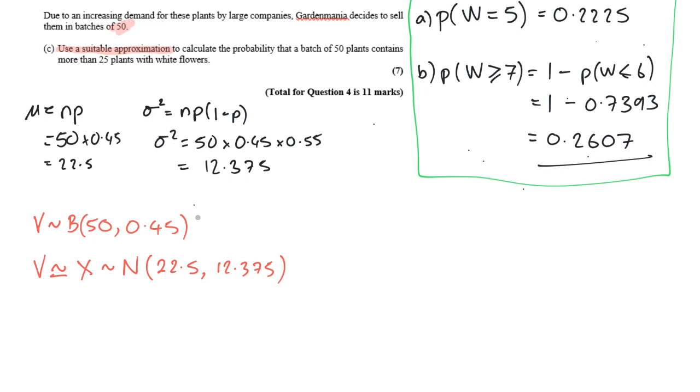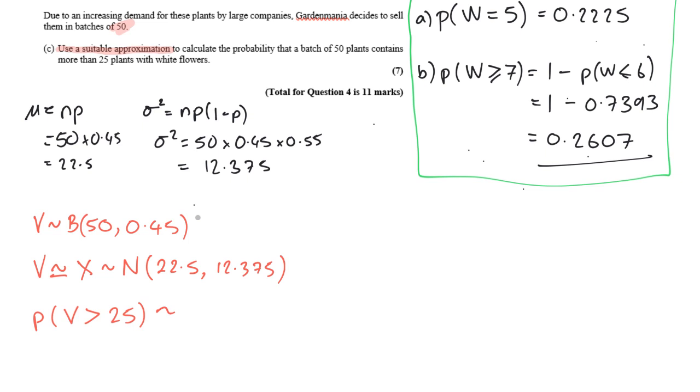Now we want to use this to calculate the probability that there are more than 25 white flowered plants. So we want the probability that V is greater than or equal to 25. No, strictly greater than. So not greater than or equal to, strictly greater than. Let's erase the mistake and carry on.